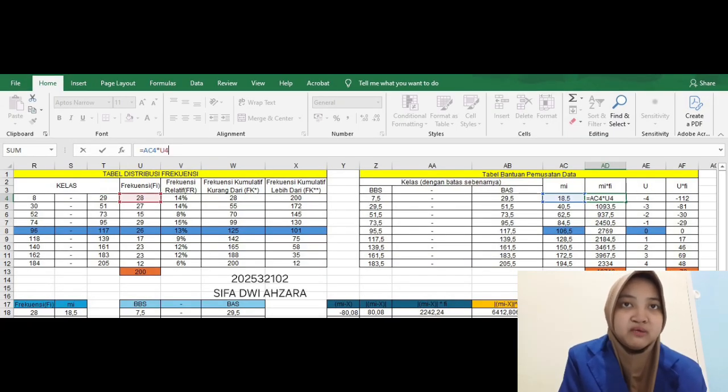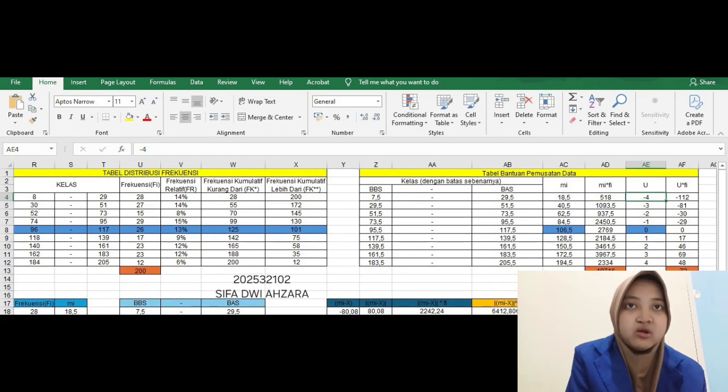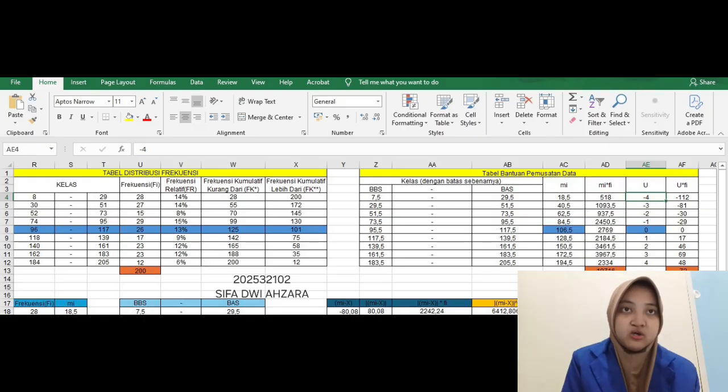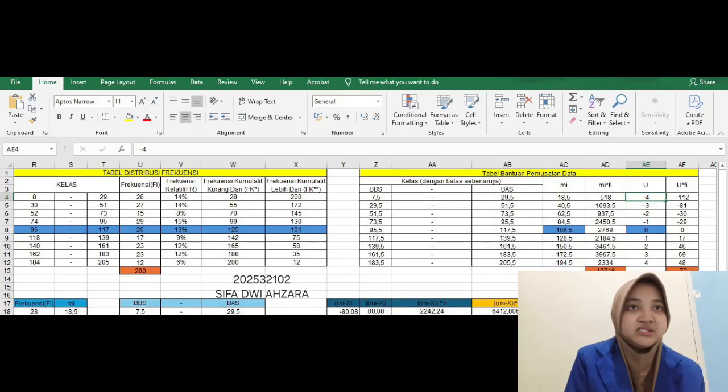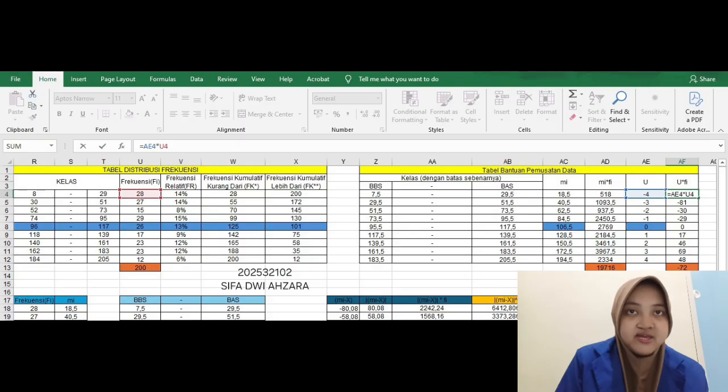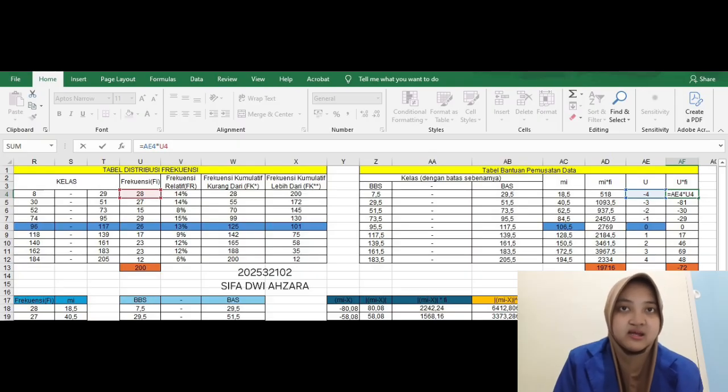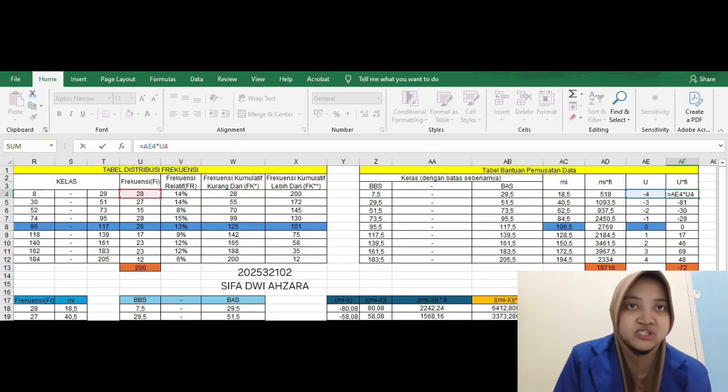And then we multiply midpoint by frequency to obtain Xi times Fi. We also use the coding method with the formula U equal Xi minus A divided by C, where Xi is the midpoint, A is the assumed mean, and C is the class width.